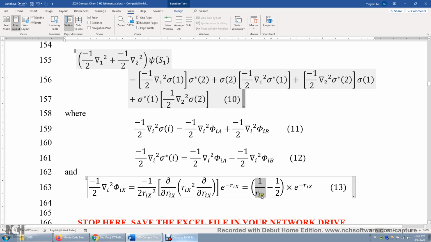Because the attraction is negative 1 over r, it's negative 1/2 minus negative 1 over r, therefore it's 1 over r minus 1/2. So really this is the kinetic energy of the electron in the hydrogen atom. That's fairly simple, and it does have a physical meaning here. It's kinetic energy being applied to the atomic orbital, so it's kinetic energy multiplied by the atomic orbital. This is the wave function of the atomic orbital.